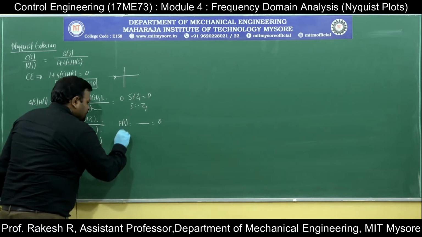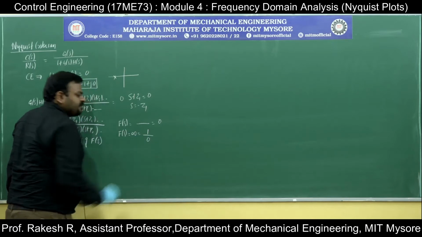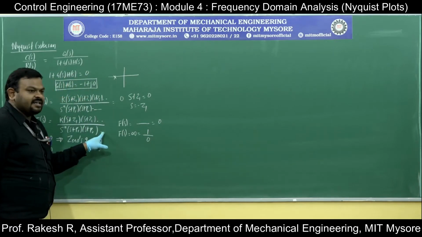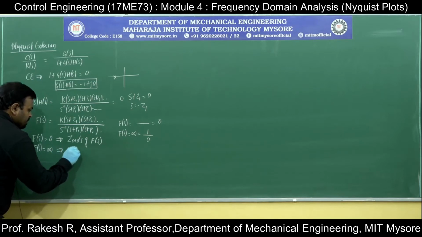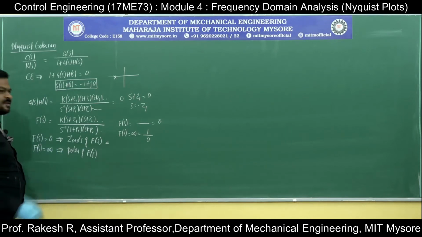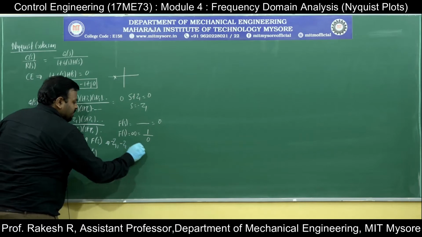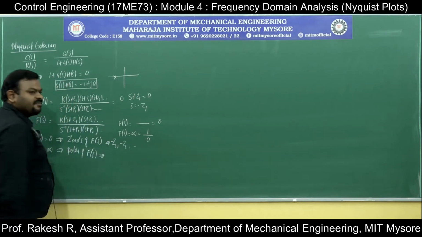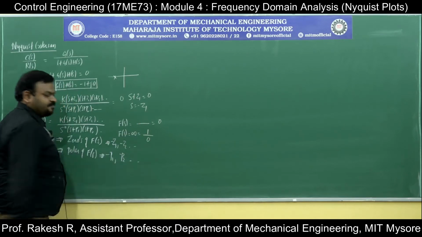If F of S is equal to infinity, infinity means 1 by 0, and 1 by 0 means you will get the denominator terms. That means the poles of F of S. So here, what are the zeros of F of S? They will be the numerator functions: minus Z1, minus Z2, etc. Poles of F of S: minus P1, minus P2, etc.